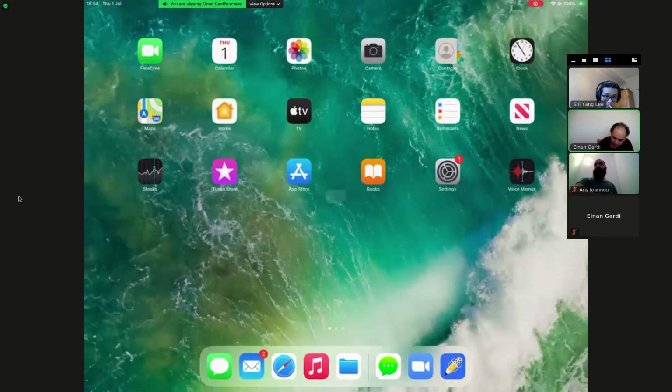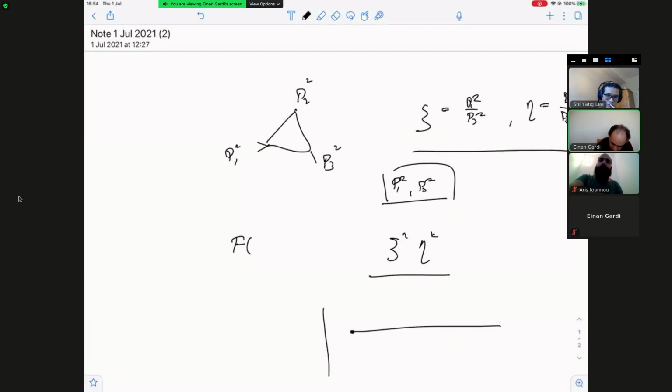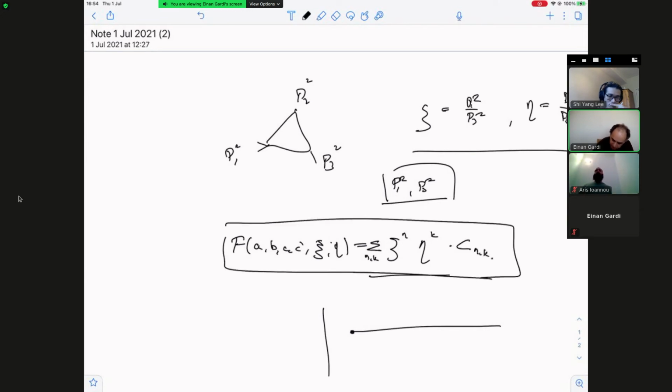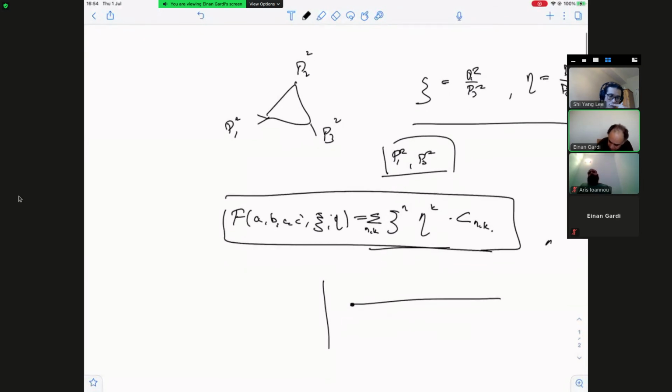So I'm just saying that if the series for the Appell F4 that depends on A, B, C, and C prime of psi and eta looks something like the sum over n and k from 0 to infinity times some coefficients c_{n,k}, this series here diverges if eta is larger or equal to 1.